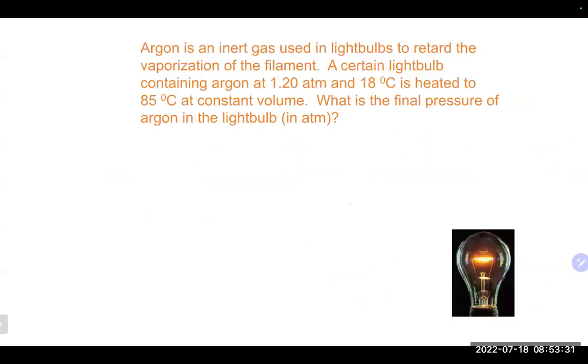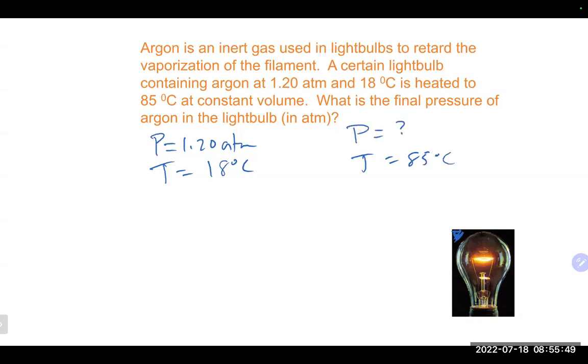All right, one last one of these here. Argon gas: a certain light bulb containing argon at 1.2 atmospheres at 18 degrees is heated to 85 degrees. What will be the final pressure? So we have a pressure of 1.2 atmospheres and a temperature of 18 degrees Celsius. We have another temperature of 85 degrees Celsius, and we are looking for a pressure.